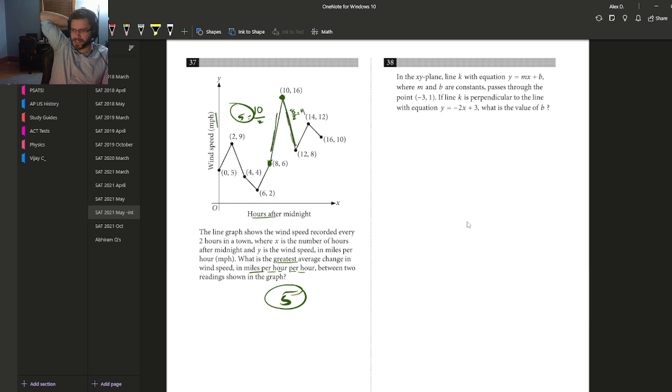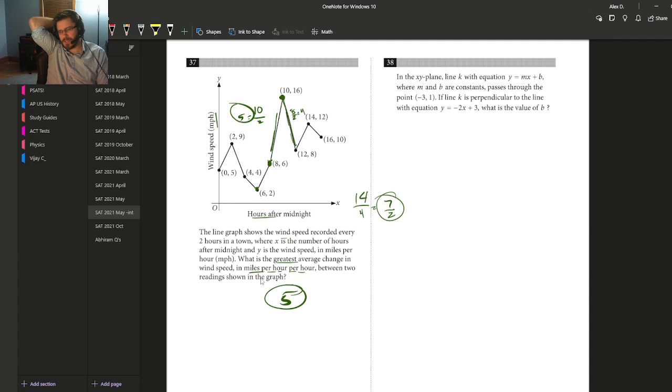I'm going to be real upset if they wanted me to go here to here and get 14 over 4, 7 halves. If it's 7 halves, I'm going to be real upset. Greatest average change in miles per hour between 2 readings shown in the graph.